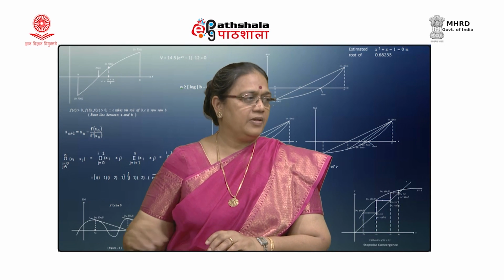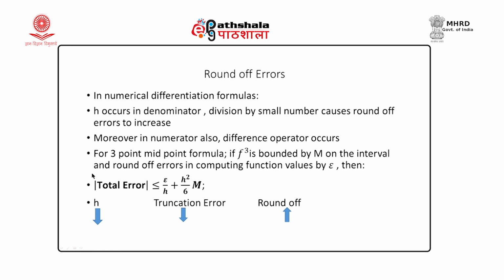So, we can see, if we estimate the total error as truncation error, in the case of the 3-point midpoint formula, it is h square by 6 times the third derivative of f bounded by M, so h square by 6 M. And in the case of round-off error, there is 1 by h, and let us say the error in the evaluation of f at x 0 minus h and f at x 0 plus h is bounded by a small number epsilon.